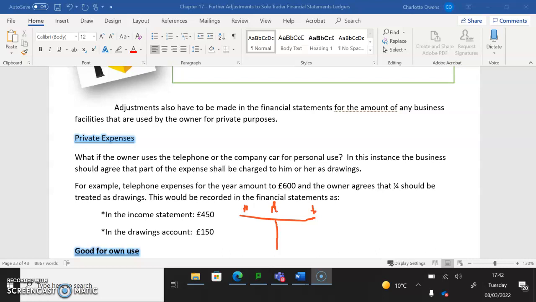In the income statement we would have an expense that would be debited in the income statement, and the double entry in the bank, laughing at my writing skills here, would be 450. In the drawings account we would be debiting £150 because under duality in the bank account we would be crediting 150. So you satisfy that double entry aspect of the transaction.